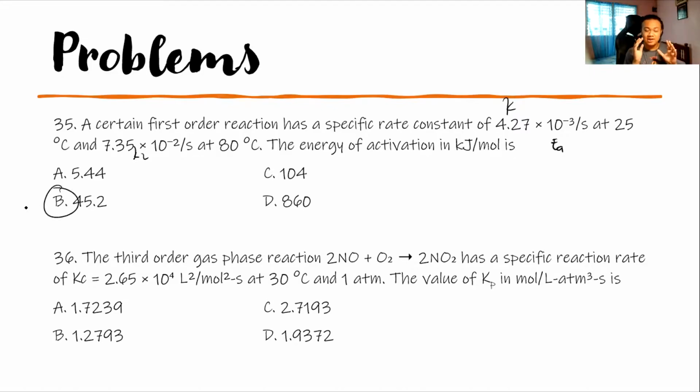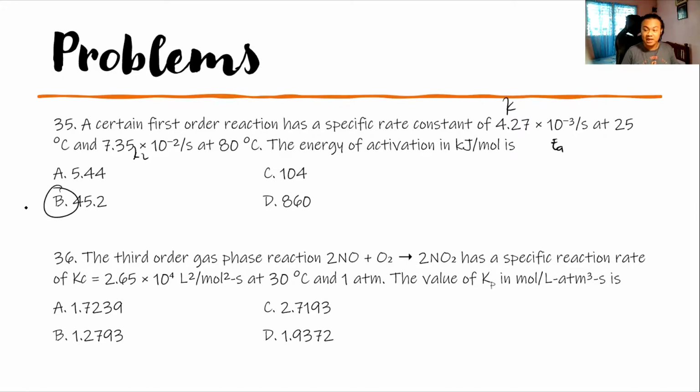Then for number 36, so the third order gas phase reaction. The third order gas phase reaction siya. Okay, so has a specific reaction rate of, so 2.65 times 10 to the 4 L² per mol² per s at 30 degrees Celsius and 1 atm.